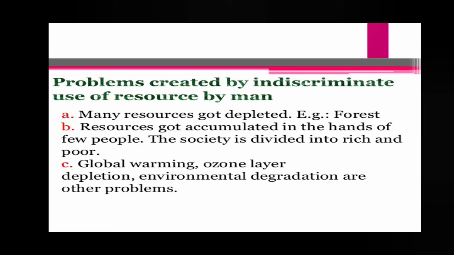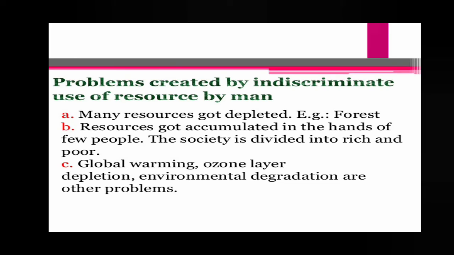And second, resources got accumulated in the hands of few people. The society is divided into rich and poor. That means when people are divided into two divisions, needy and greedy, those who are greedy, their nature is how to acquire more and more, how to gather everything, how to collect everything. Those who have that type of power, it may be money power, they are collecting more and more resources, and that's why rich people have more resources.